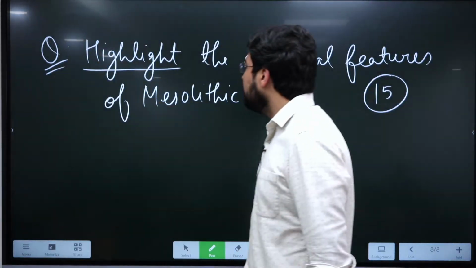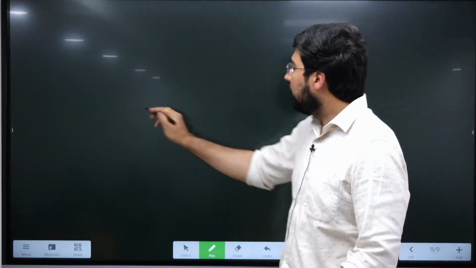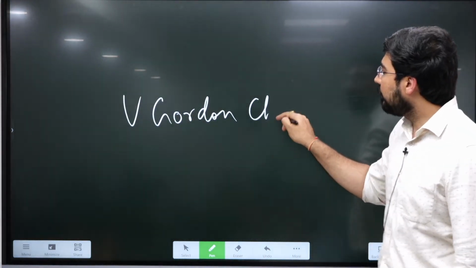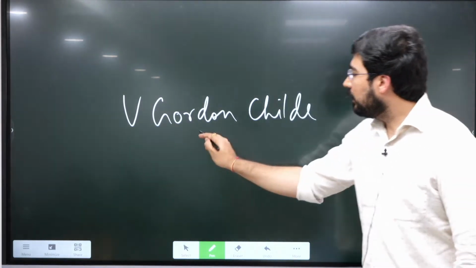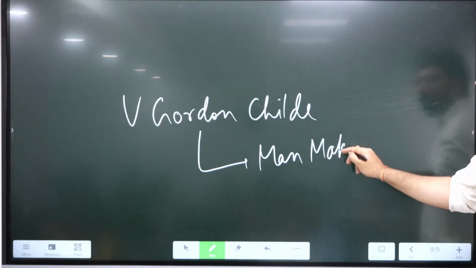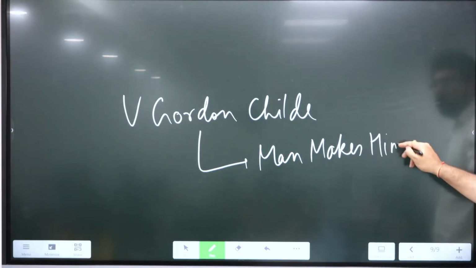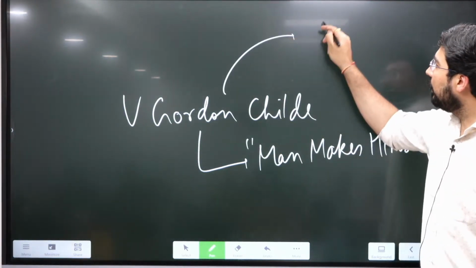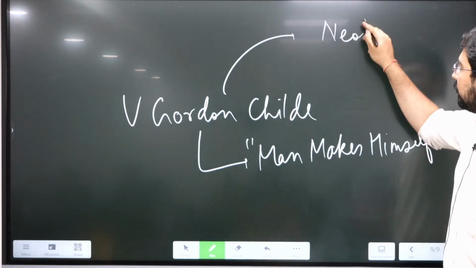That's why one of the famous archaeologists, V. Gordon Childe, he is from Australia. He has written a famous book, Man Makes Himself. In this, he has discussed the concept of Neolithic revolution.